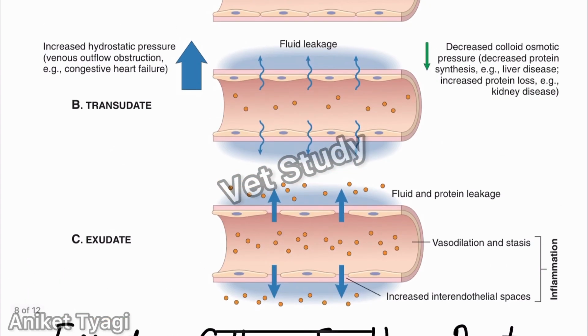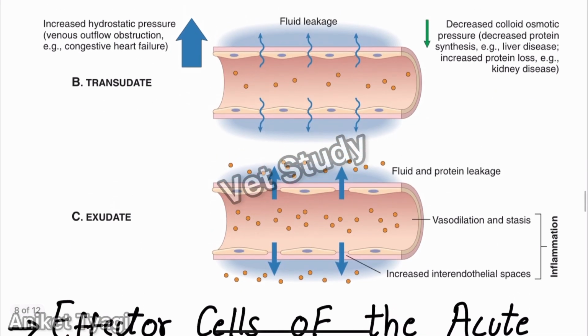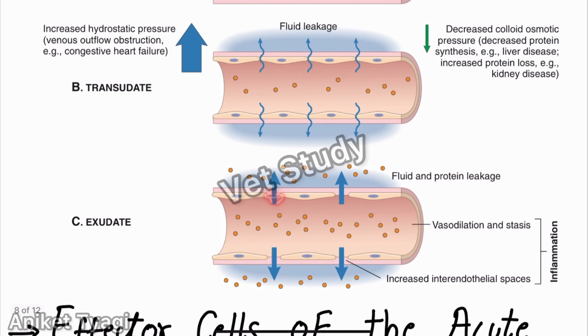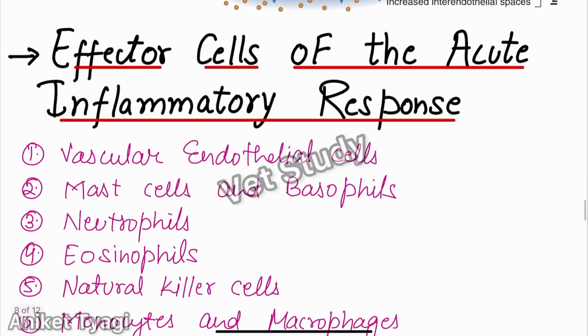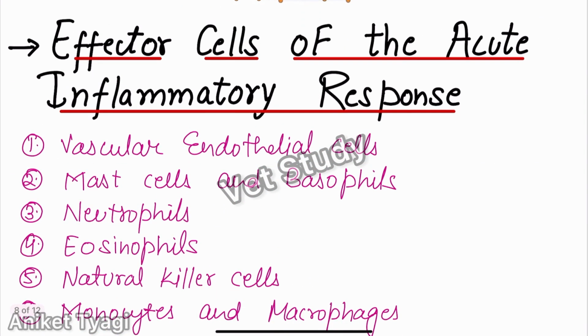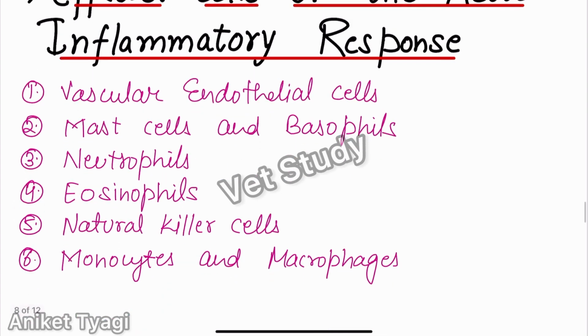In the transudate stage, there is less widening between the gaps, but there is more widening in the exudate portion. Okay, there are different effector cells of the acute inflammatory response, and these include the vascular endothelial cell, the most important cell, and mast cells and basophils, which produce different chemicals involved in it, and neutrophil, which is in fact the most important cell of this acute inflammatory response.